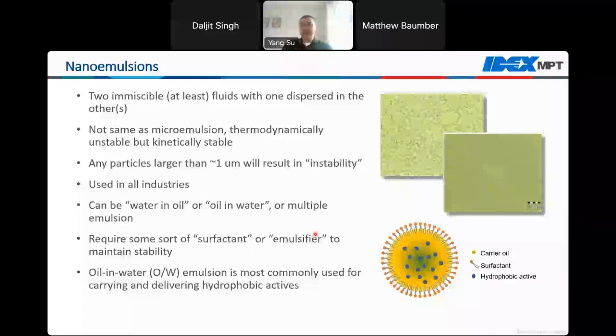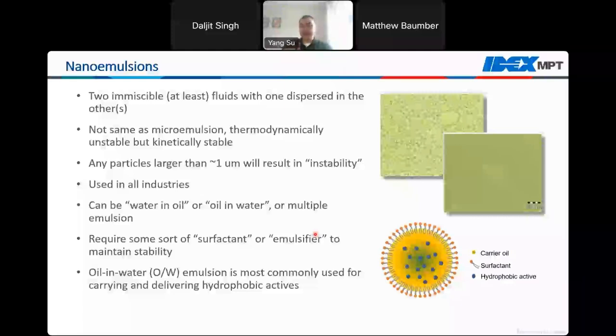Emulsions are widely used, not just in the cosmetic industry. Pretty much you can see them everywhere in other industries. Depending on which is the dispersed phase or the continuous phase, you can think about the droplets and the continuous phase. You can form either a water-in-oil emulsion or an oil-in-water emulsion, or even multiple emulsions.